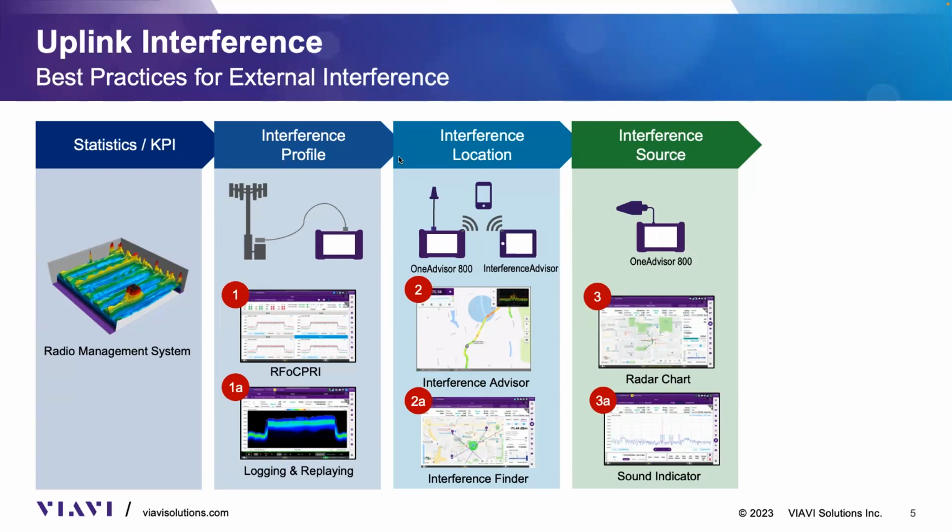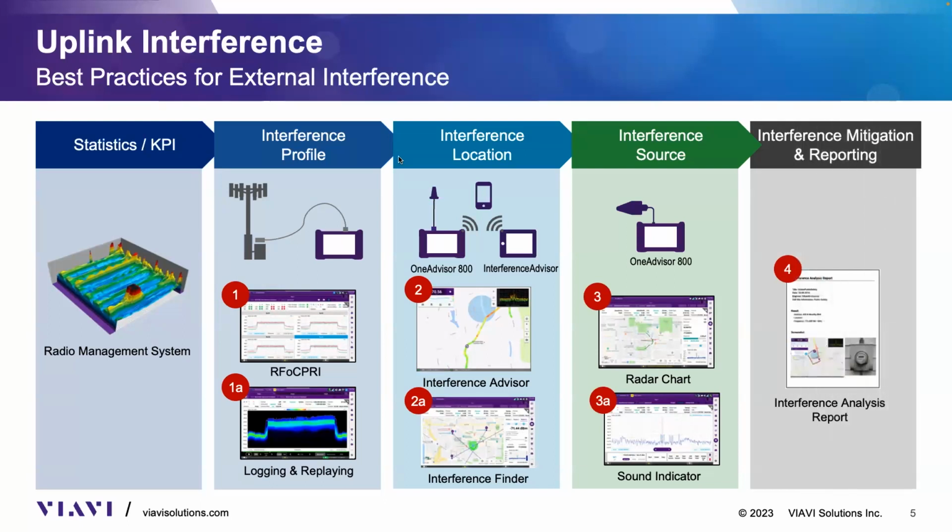For that, it's just a matter of doing a walk test with a directional antenna, and that's going to point us exactly to where that device is. Then once we find that device, we can just mitigate it or turn off the device that is causing the problem. So these are the key steps, and all of them are very important in how we're going to be able to find external interference.